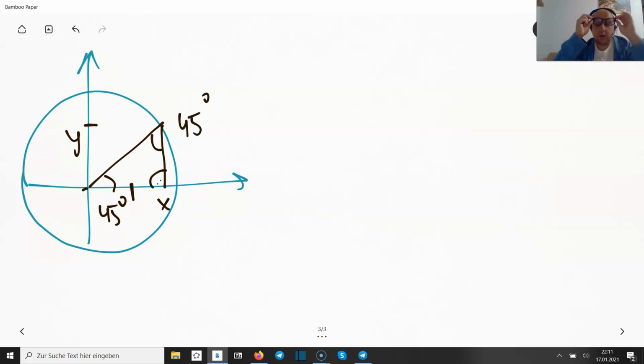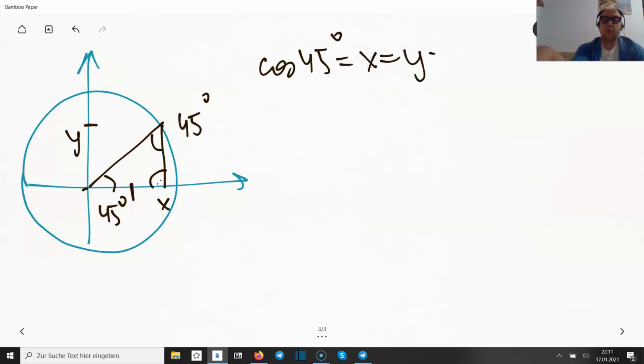So our triangle is isosceles. That means we have equal side lengths, and that means that the cosine of 45 degrees, this is the x value, is the same as the y value, which is the sine of 45 degrees.